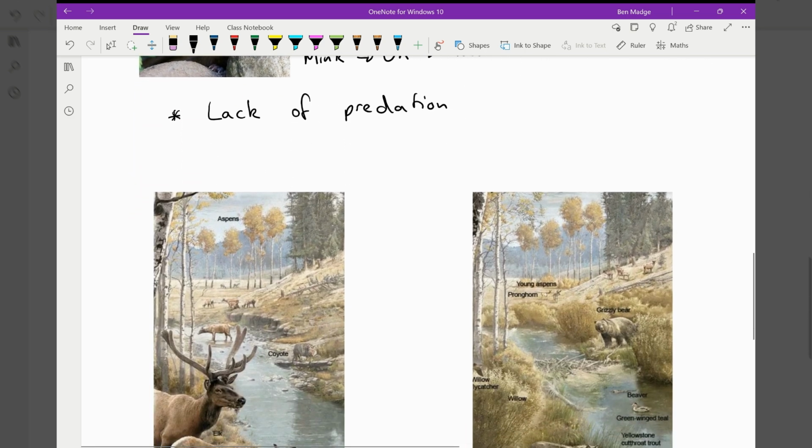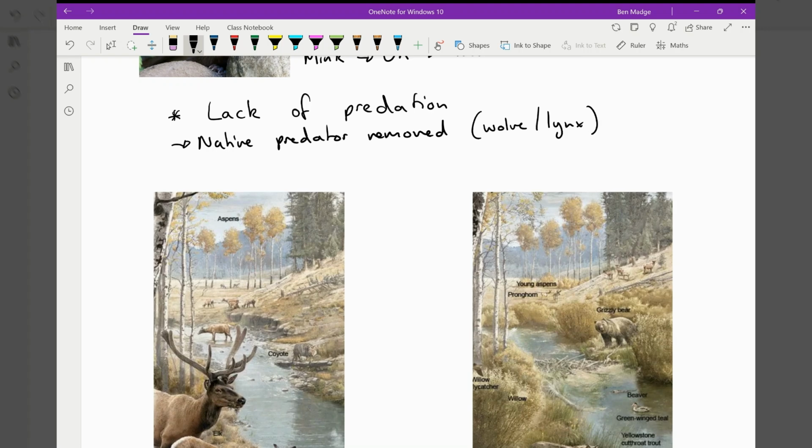And the last one is lack of predation. So an indigenous or a native predator is removed, and this might be an apex predator, or it might be sort of a mid-level predator, so it could be wolves or lynx, which is sort of a smallish wild cat thing.